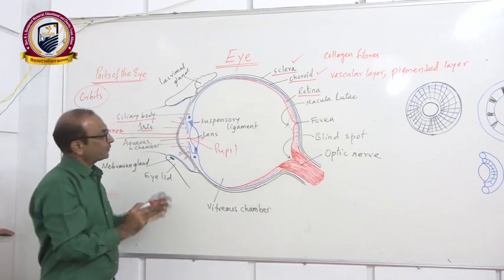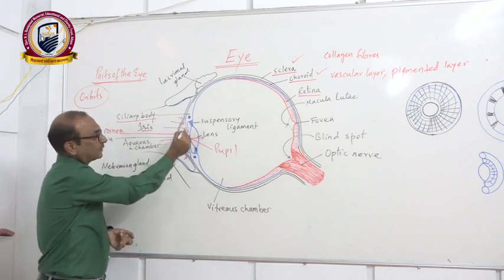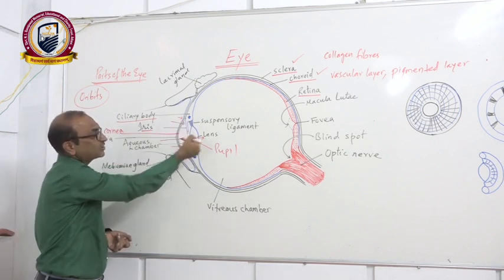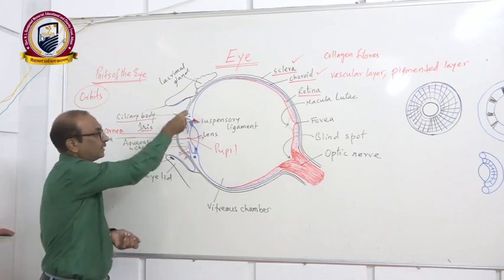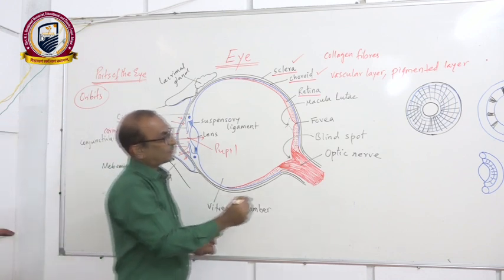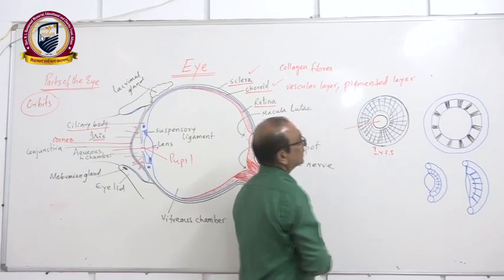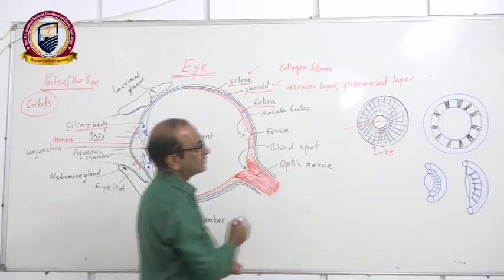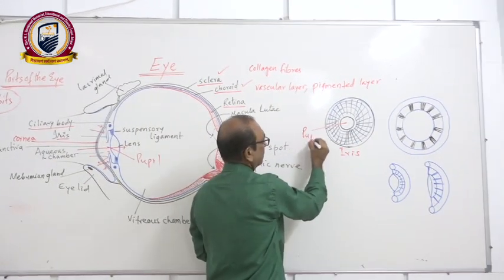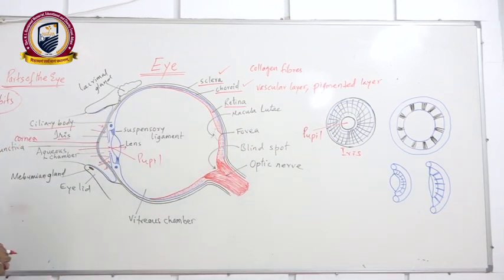So that's called the pupil, and these two structures, coming in cross section as a thin disc-like structure, are the iris. I have drawn the picture of the iris over here, and this opening in the center is the pupil. We'll come back to that diagram when we take up the accommodation of light.